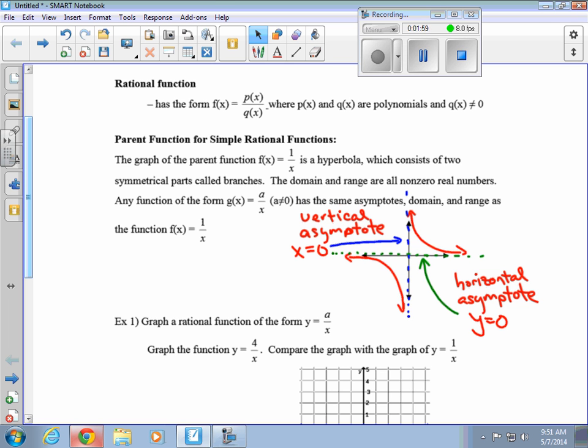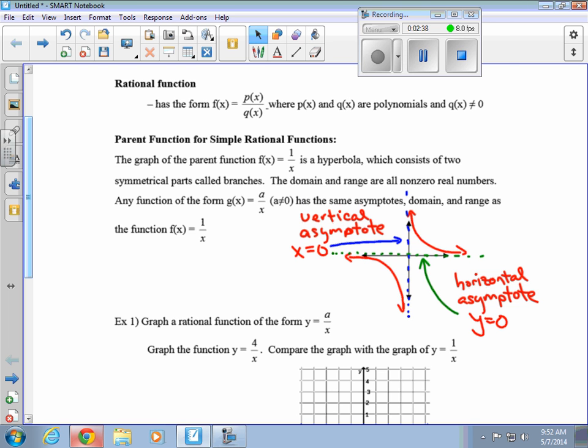Now, when we talk about the range, what y values can we have? Everything again but 0, because we have a horizontal asymptote at the equation y equals 0. So the graph will get infinitely close to the horizontal asymptote, but it will never touch it. Any function of the form g of x equals a over x, where a is not 0, has the same asymptotes, the same domain, and the same range as our parent function.